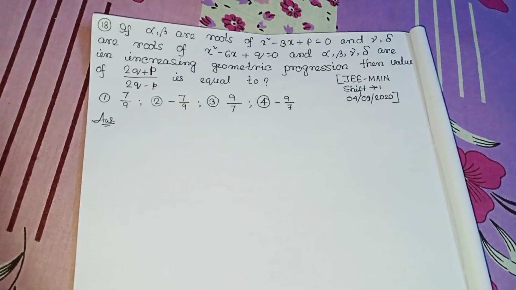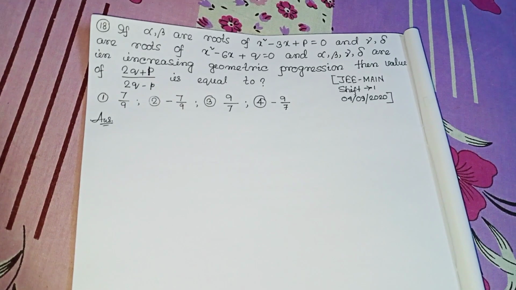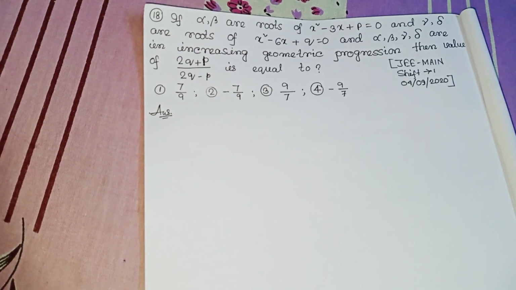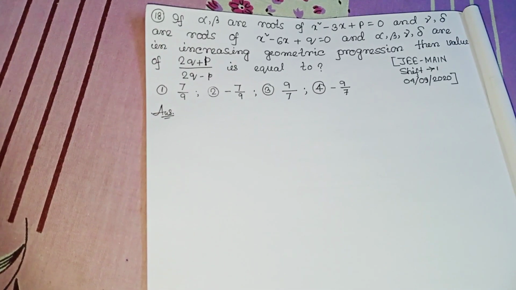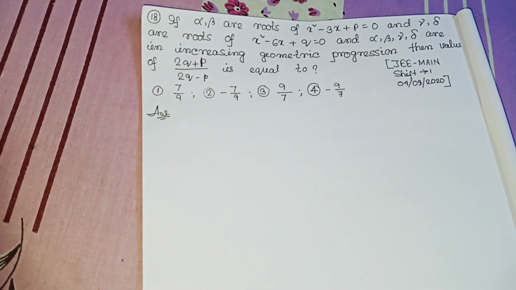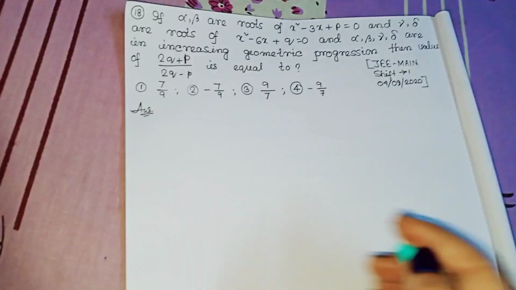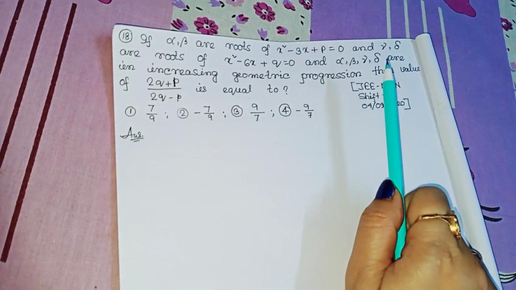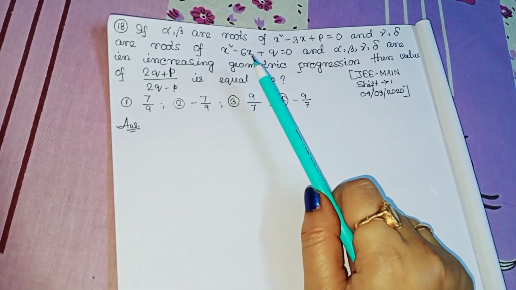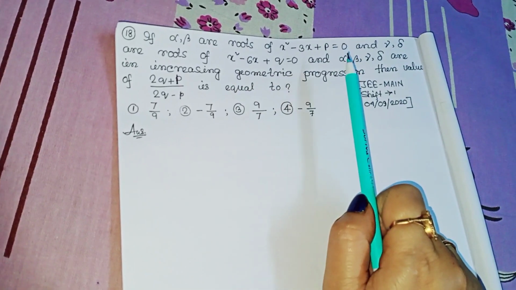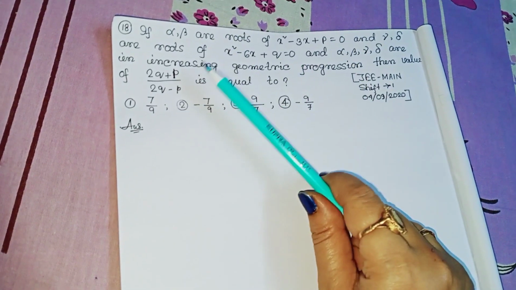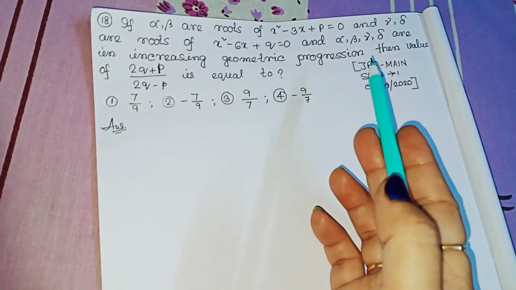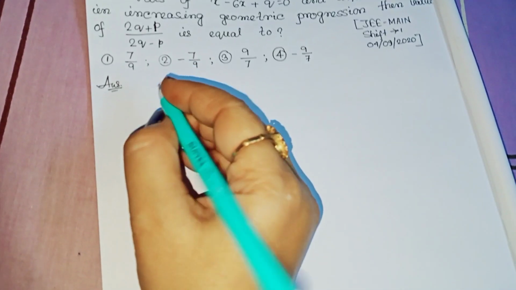Four options are given. This is a question on arithmetic and geometric progression. So two quadratic equations are given here, that is x square minus 3x plus p is equal to 0 and x square minus 6x plus q is equal to 0, whose roots are alpha, beta and gamma, delta, and they are in geometric progression.